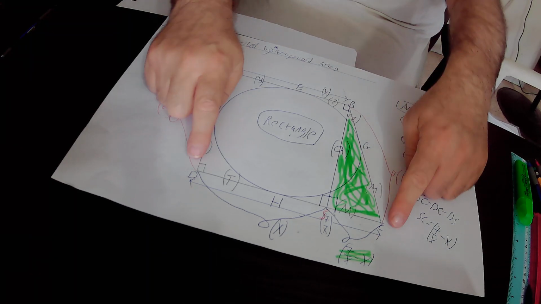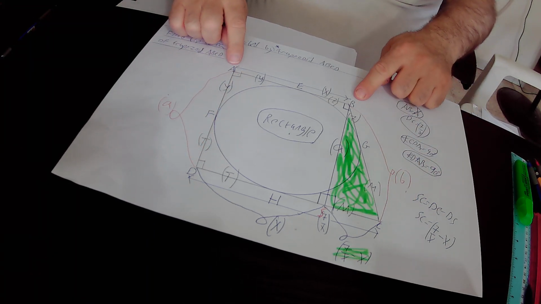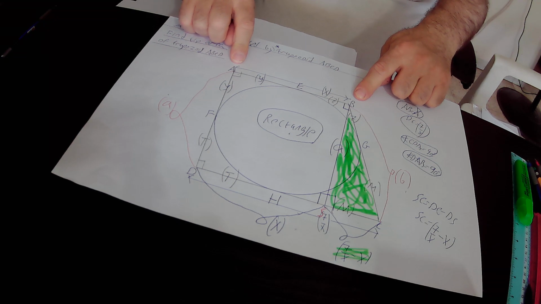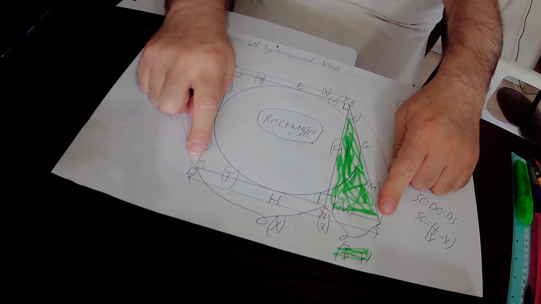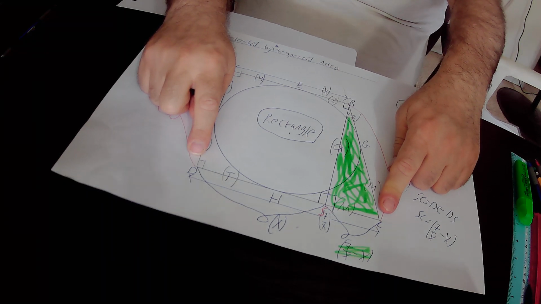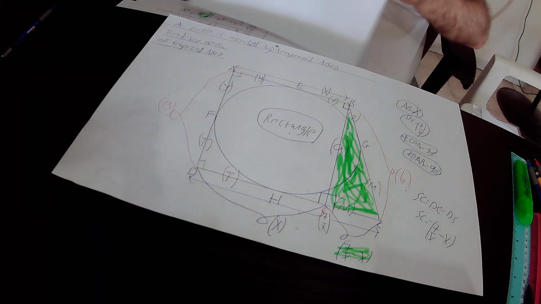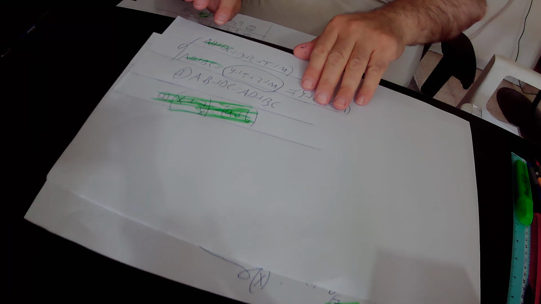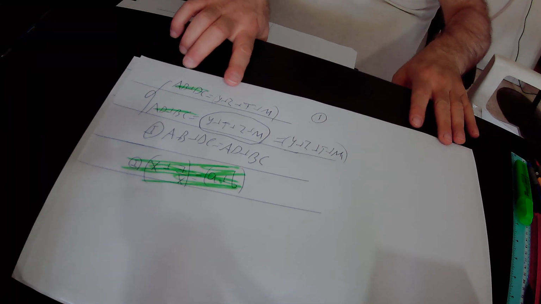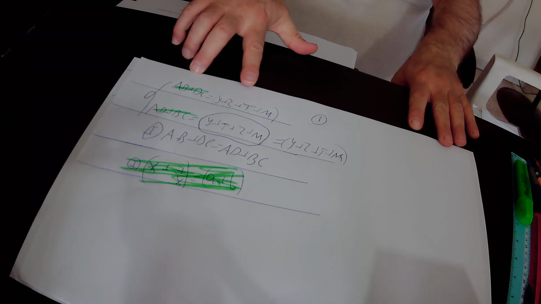According to rule 2, AB equals Y plus Z. And DC according to rule 2 equals T plus M. So in total, AB plus DC equals Y plus Z plus T plus M.